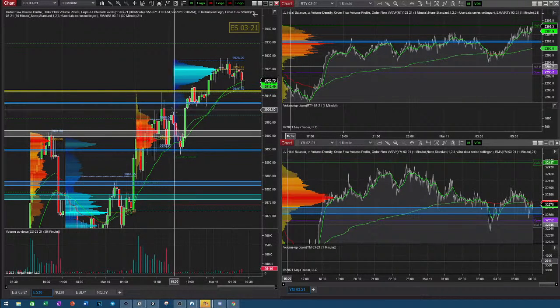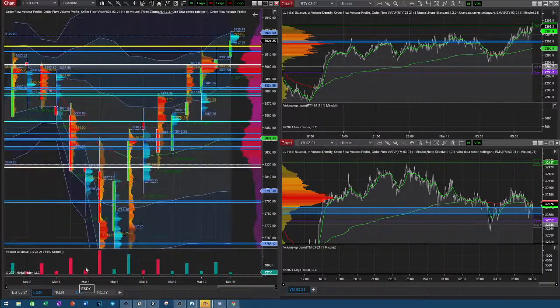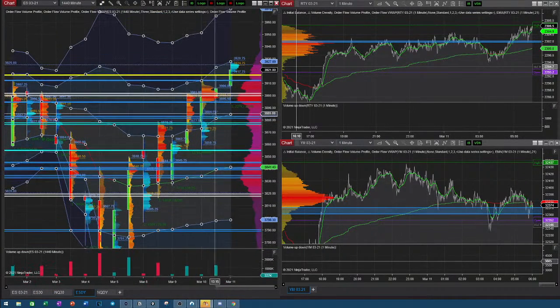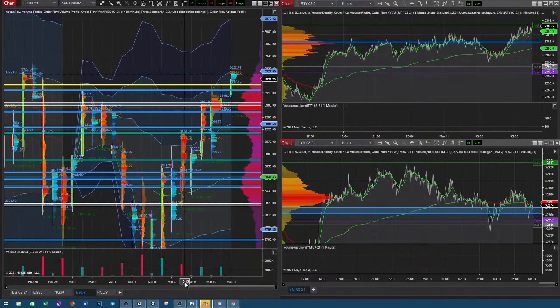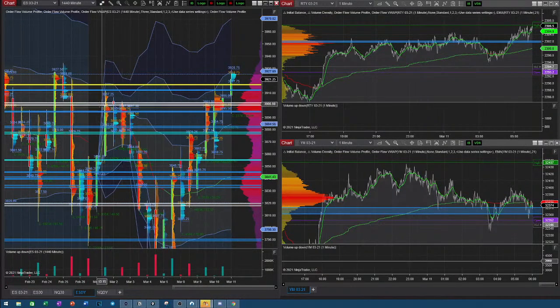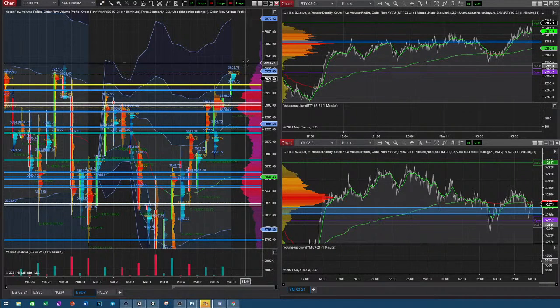If we look at the long time frame chart, looks like March 2nd, you can see there was this pivot high right here, and we've taken that out now. So things are looking very bullish.